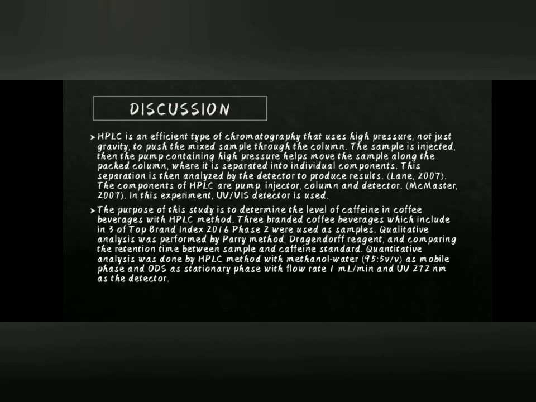The purpose of this experiment is to determine the level of caffeine in coffee beverage with the HPLC method. The important components of HPLC are a pump, injector, column, and detector. The ratio of methanol and water is 75:5 as the mobile phase, while ODS acts as the stationary phase, and UV at 272 nanometers acts as the detector.